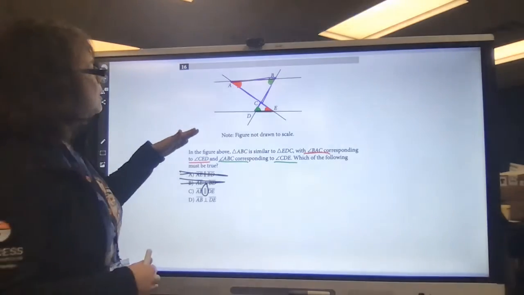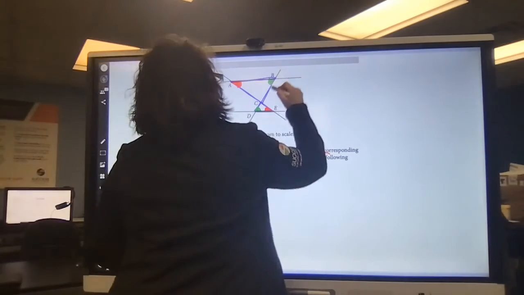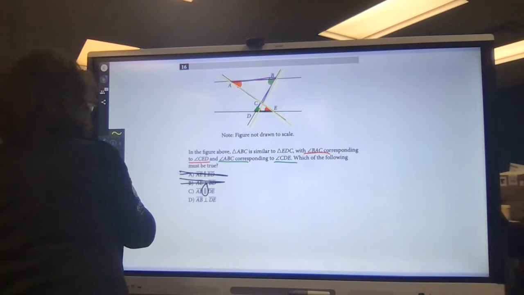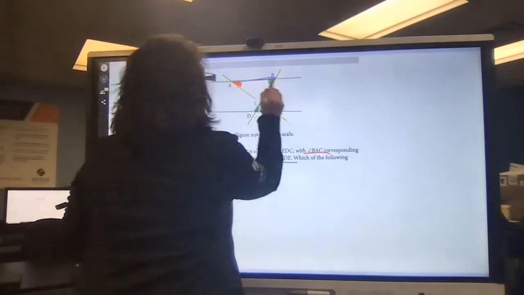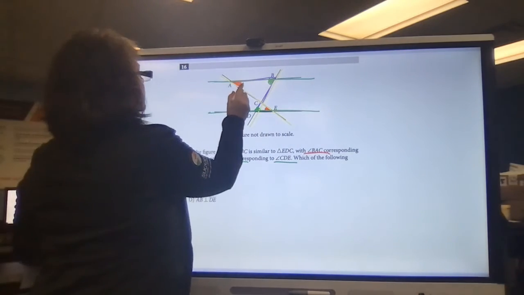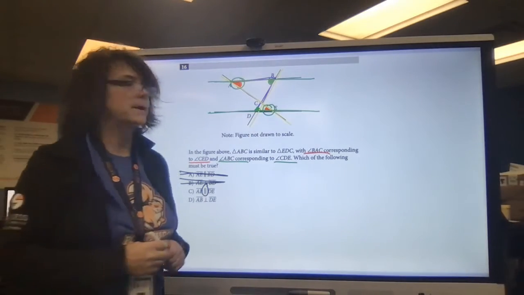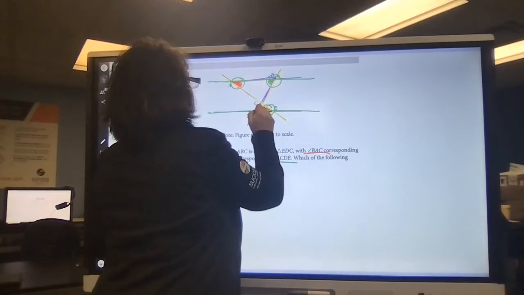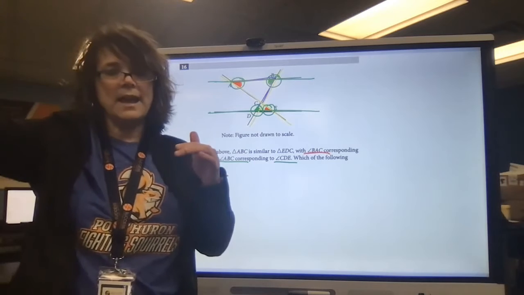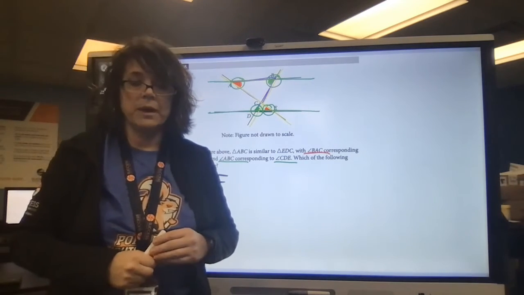But what we do know up here is that we've got these two lines that are intersecting, these two lines here. And notice that we've already determined, because they gave us that those two angles are corresponding to each other, and these two angles are corresponding to each other, notice that they're the opposite angle on the diagonal from the other line, right?